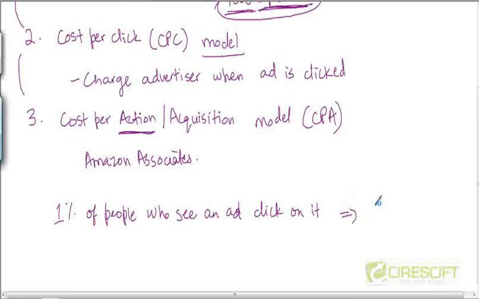So we define something called a click-through rate, which is abbreviated as CTR, and that is the proportion of people who actually click on an ad when they see it. So we say that the click-through rate would be 1%.